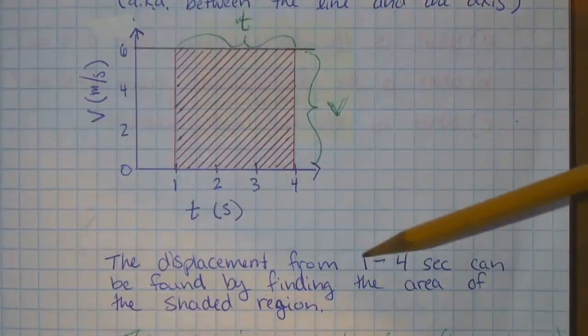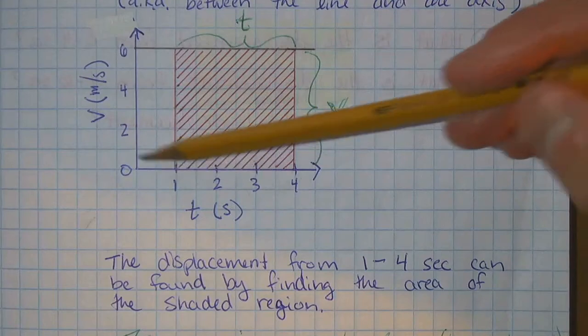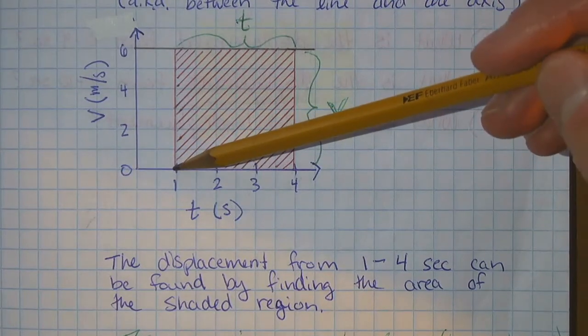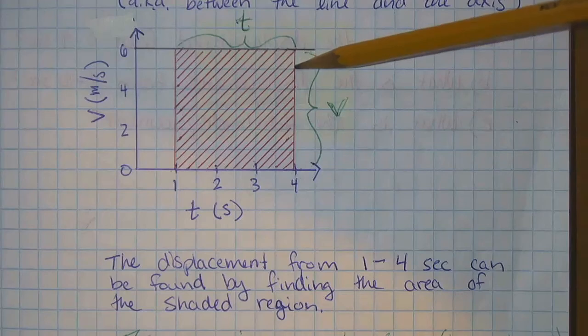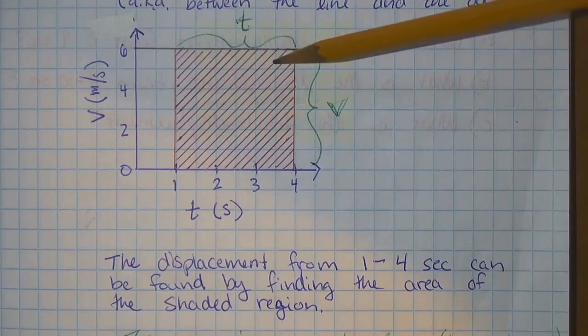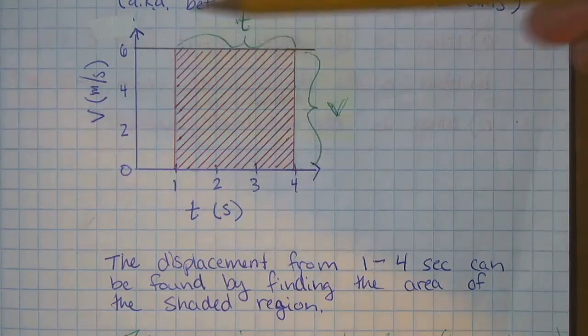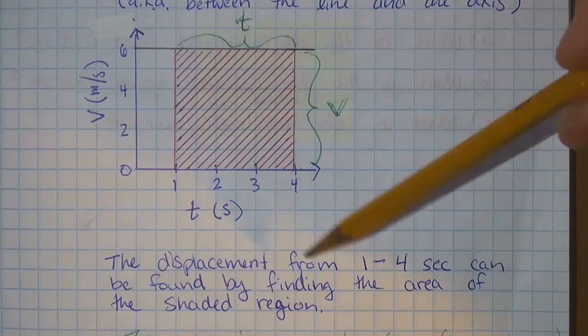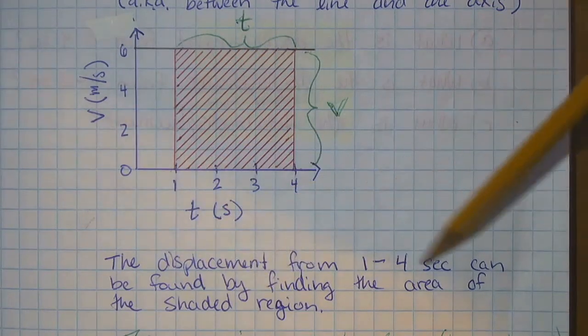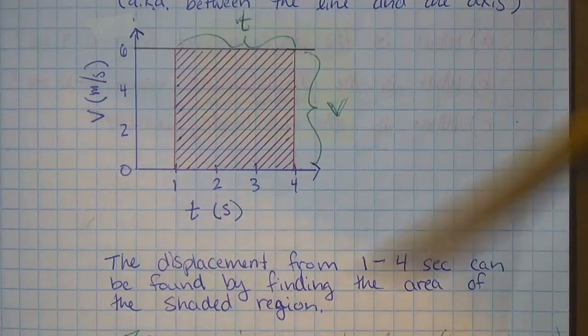Displacement from 1 to 4 seconds. So let's say we ignore the very first second. We just want to know how far it goes from 1 to 4 seconds, going 6 meters per second. Now this isn't a terribly difficult problem. You could probably have figured it out without doing this, but it is helpful if the object starts changing directions. The displacement from 1 to 4 seconds can be found by finding the area of the shaded region.